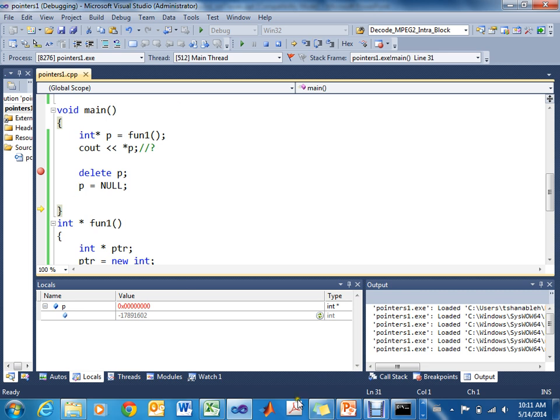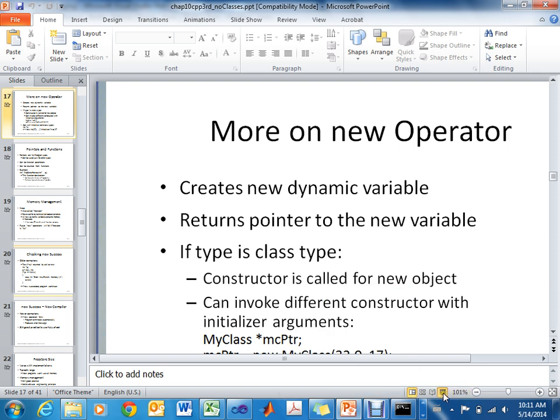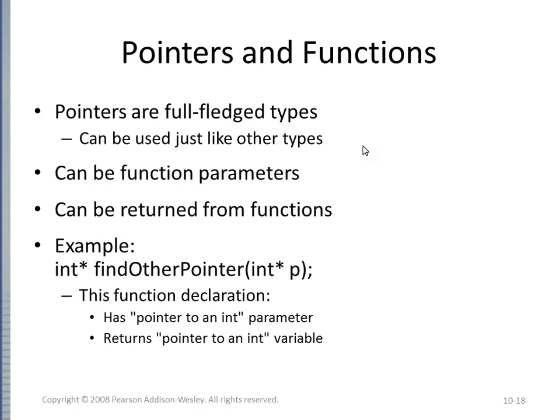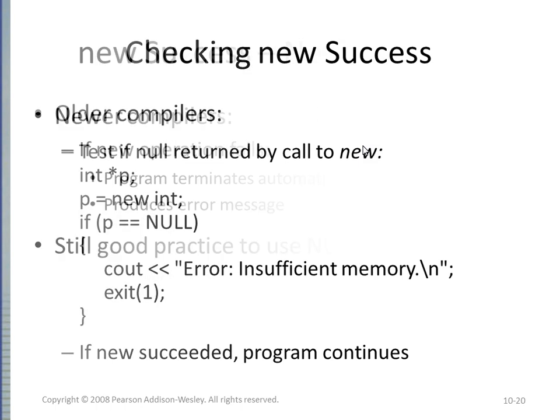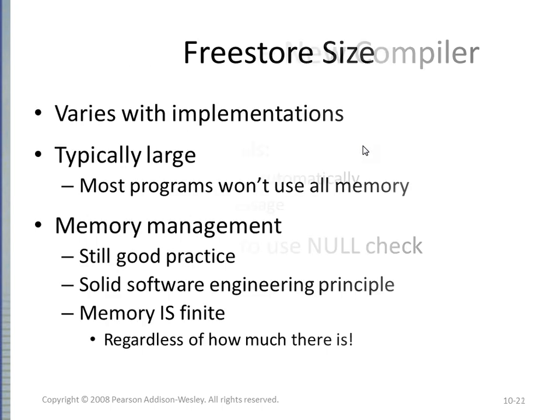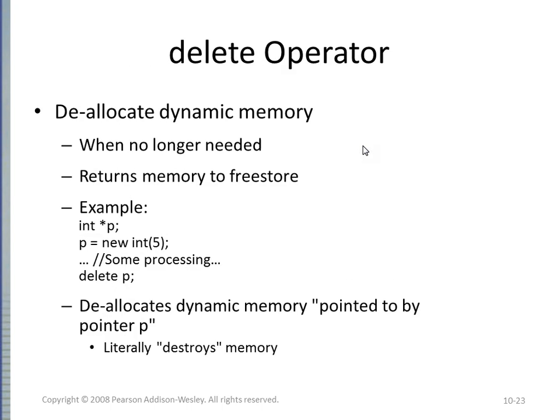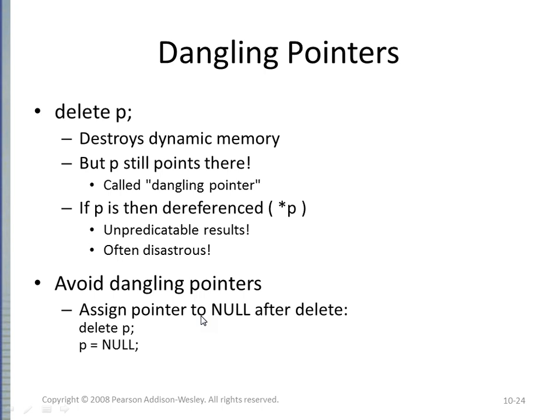If you do not set it to null, then you will have a problem which is called the dangling pointer problem. Let me show you what that is in the slides. So this is the dangling pointer problem.